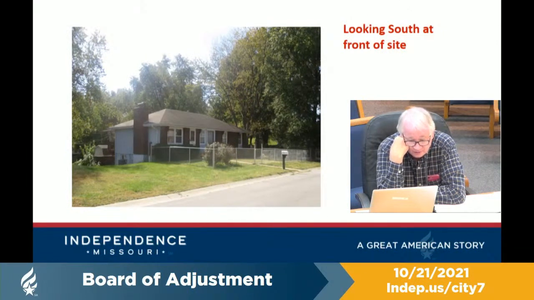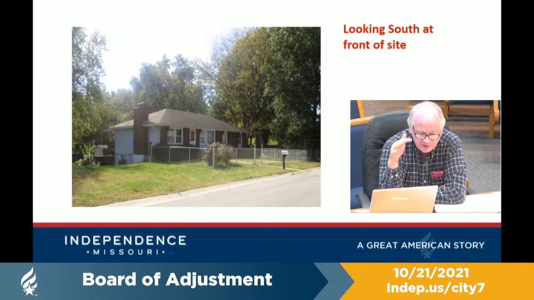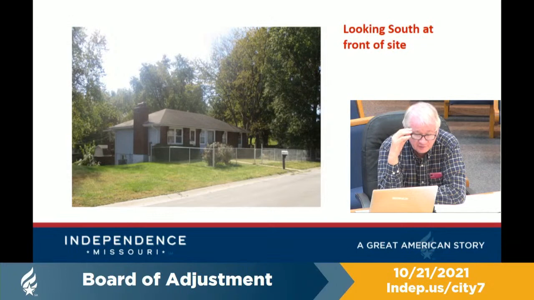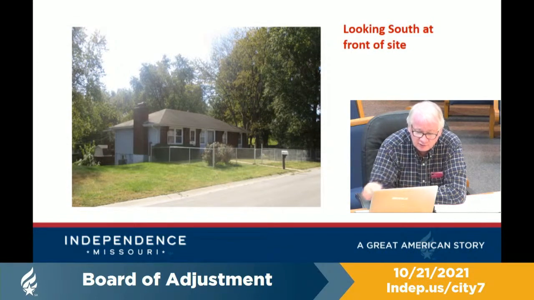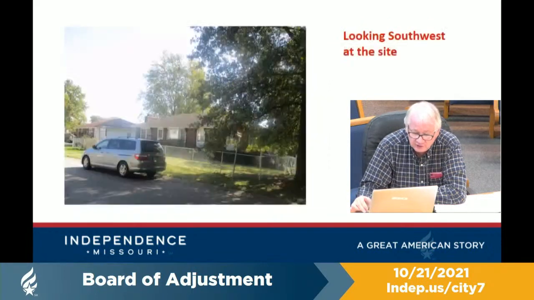This is the location, looking somewhat southwest. That's his house, and you can see where the fence is located. He has a couple of those little brick things that come off the side of the front of the house. The fence is connected up to one. It comes right up to the property line, or roughly where the property line is, to the east, and then goes west to the other corner.